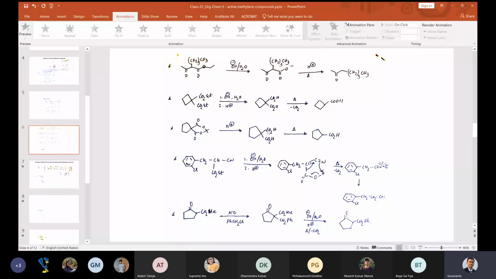Correct? In this case, even if it is not a beta keto but a beta cyano, it also performs in the same way as beta keto does. So in this compound, first if you hydrolyze this ester, it will form what? Negative charge. Acidify it, it will form an acid.